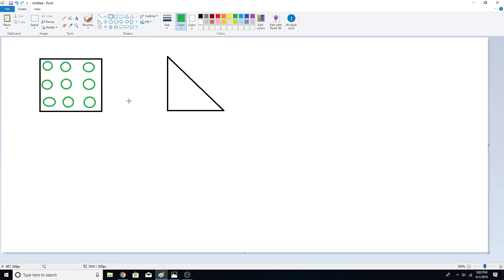Now, you can tell there's 9 chairs, but what's an easier way of doing it? Well, there are 3 on this length here, and there are also 3 on the other length, which is this here.